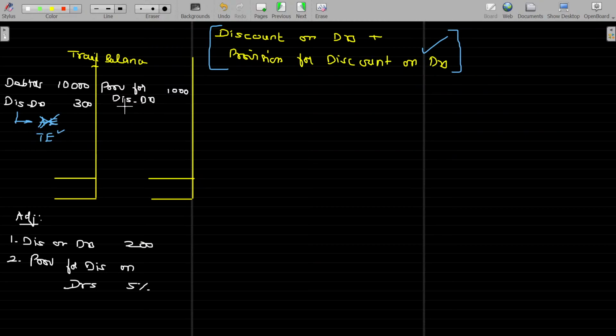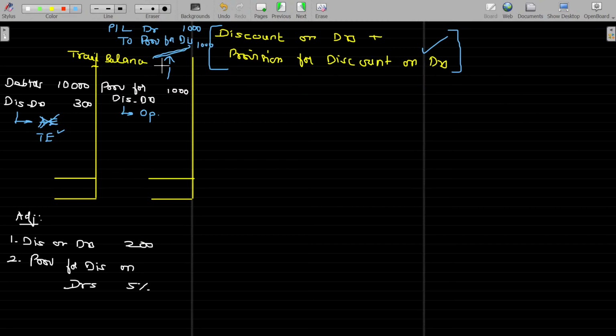And provision for discount on debtors given in the trial balance represents the provision for discount already created in the previous year, assumed to be the opening balance. This might have been created by charging the P&L account in the previous year. In the previous year, the journal entry could have been this one: P&L account debit to provision for discount on debtors. Never mind about this one now.